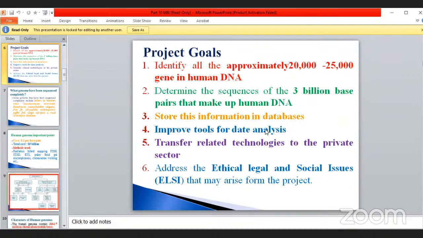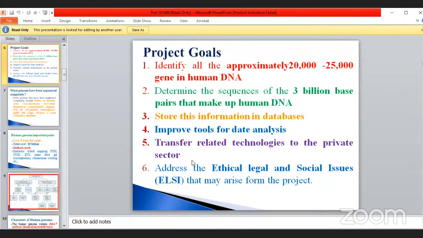Artificial intelligence is also used for human genome analysis. Transfer related technology to the private sector. Suppose some private sectors are technologically well versed. They can transfer the related technology and use it in the private sector also.